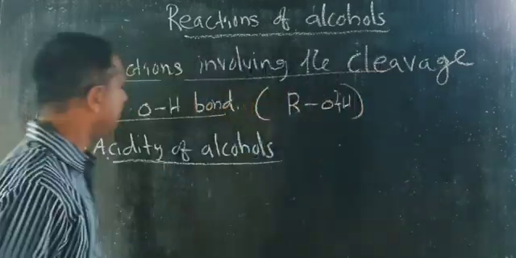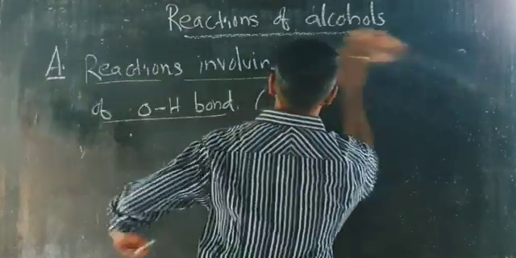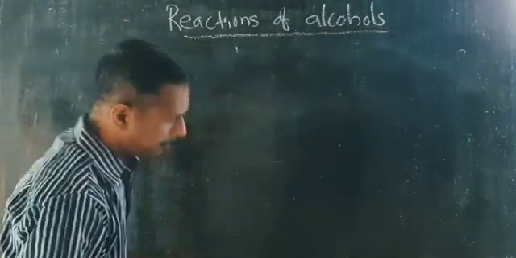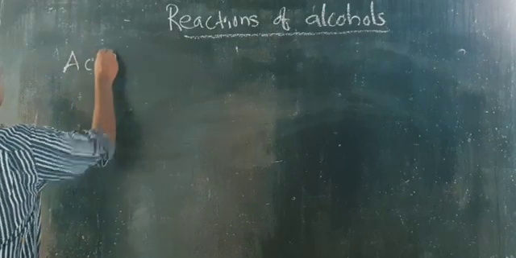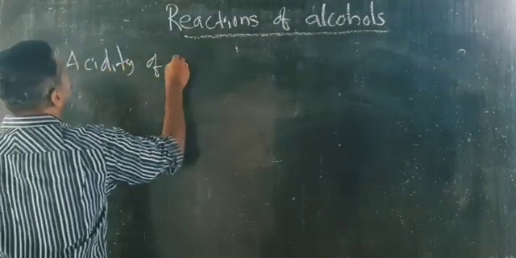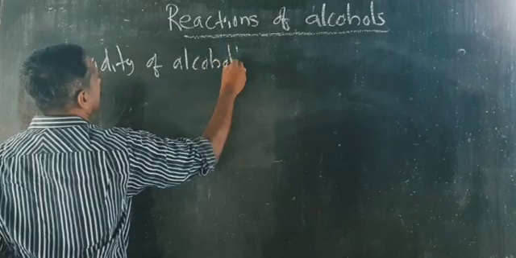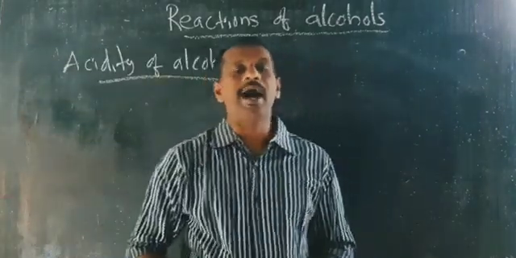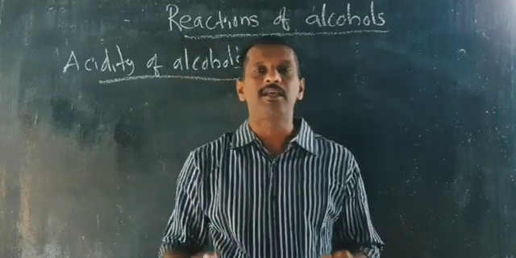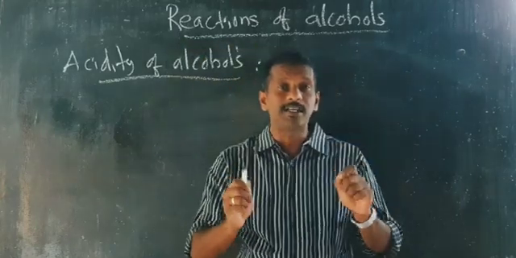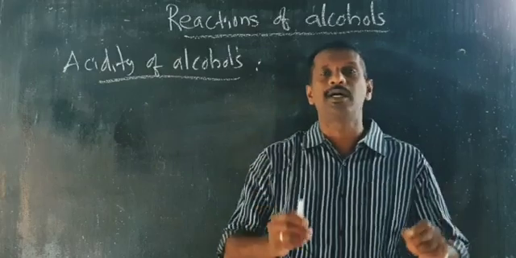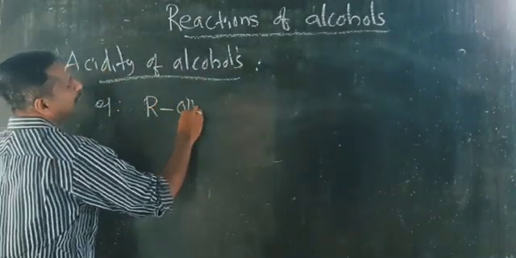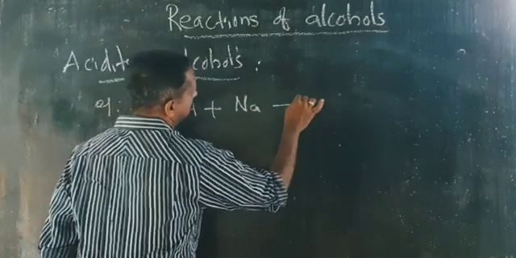Now we can explain the acidity of alcohols. First, you must remember that alcohols are weakly acidic in nature. Example, when alcohol ROH reacts with metal sodium.